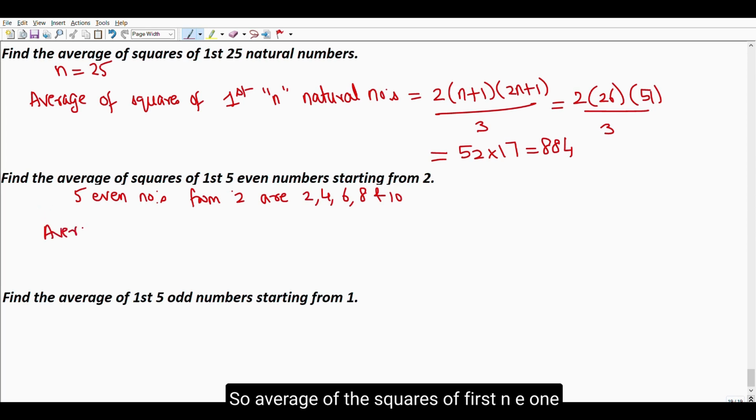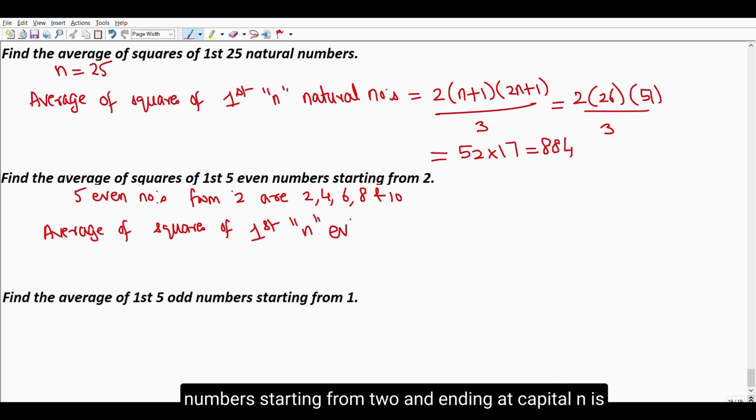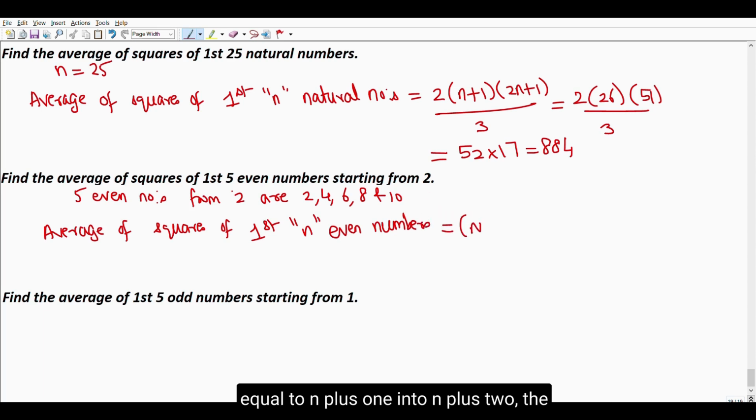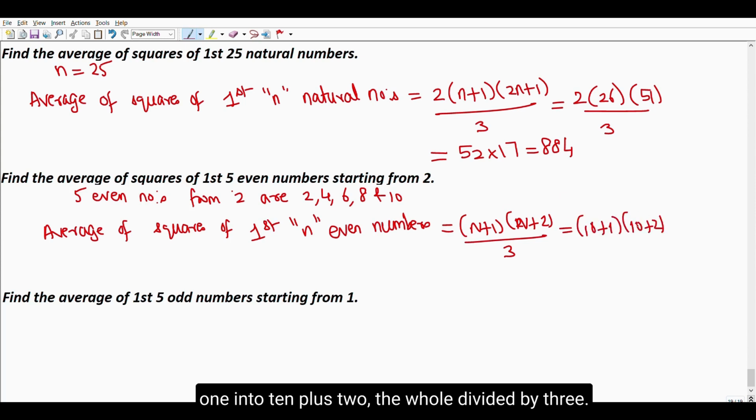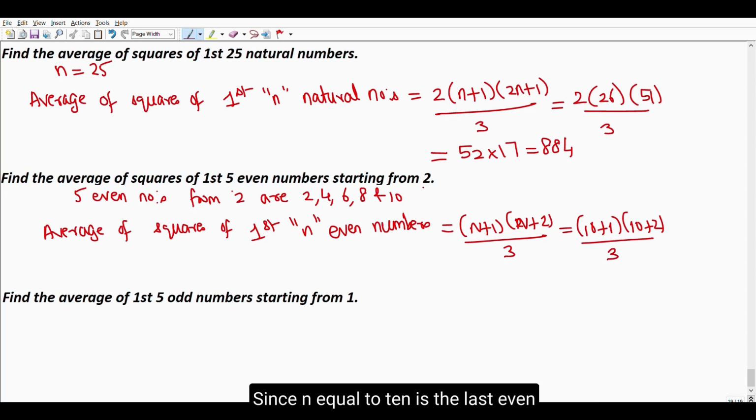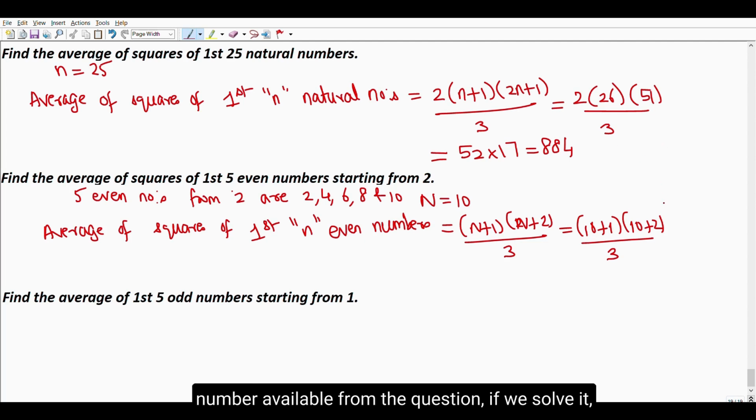So, the average of the squares of first n even numbers starting from 2 and ending at n is equal to n plus 1 into n plus 2 the whole divided by 3, which is equal to 10 plus 1 into 10 plus 2 the whole divided by 3, since n equal to 10 is the last even number available from the question.